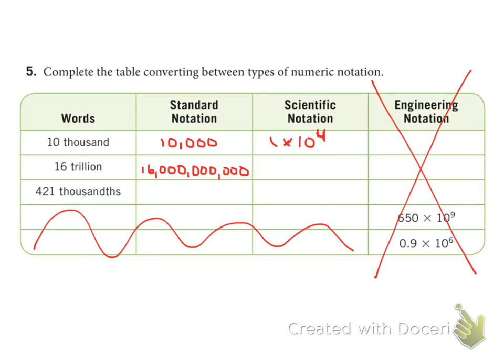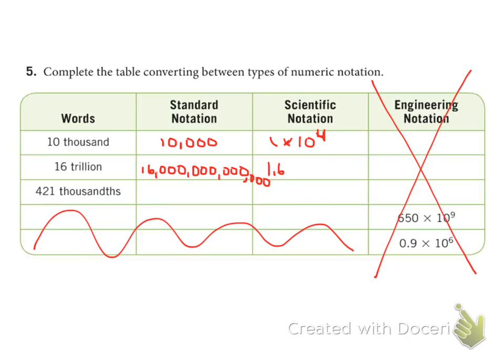Wouldn't that only be billions though? Let's see. I think there should be 3 more zeros. Oh, yeah, right. 3 more zeros.